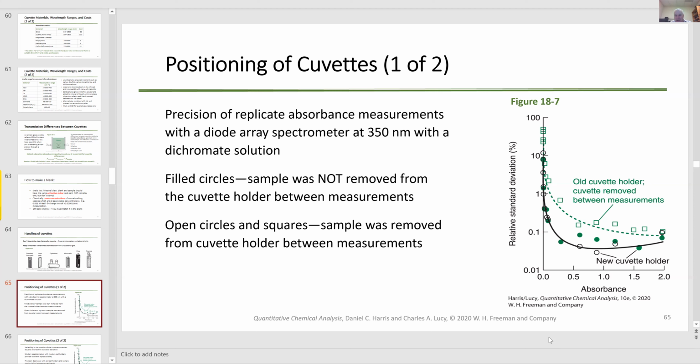So that's why the left side of the graph has a maximum around zero absorbance. Does that make sense? Excellent, good answer.